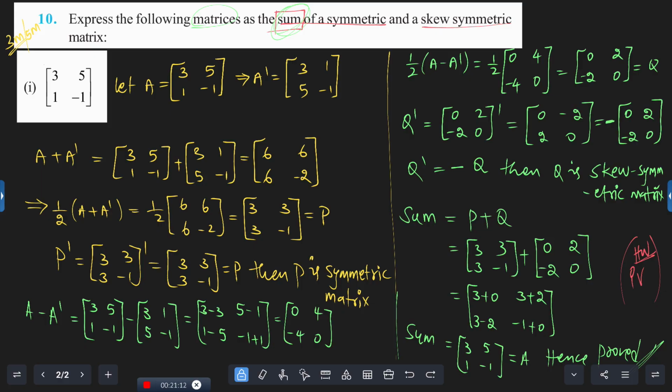The second one we are going to is 3 by 3. Have you done it, children? Is anyone still doing this?